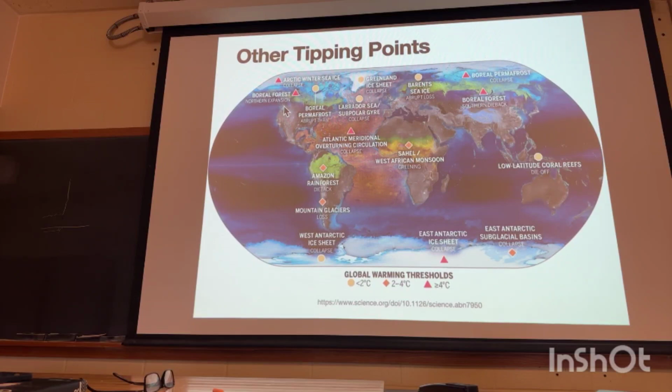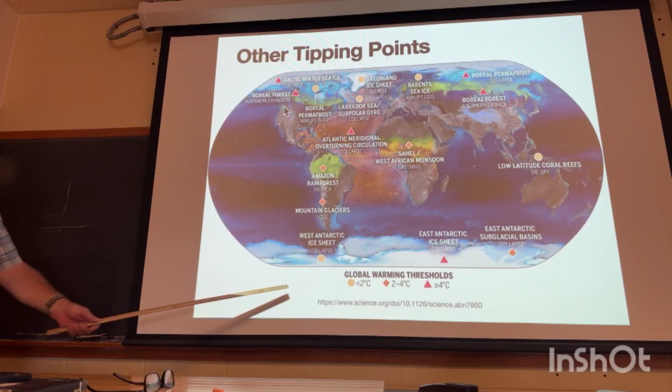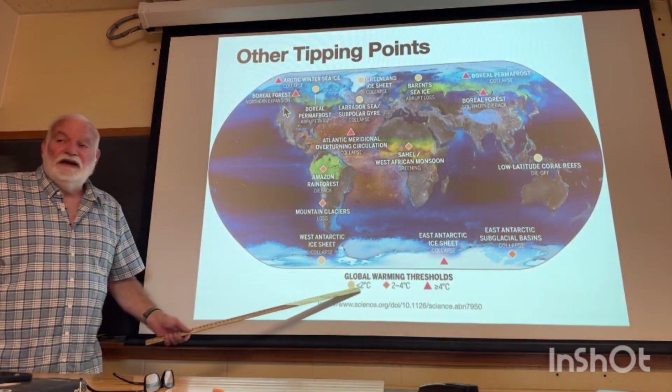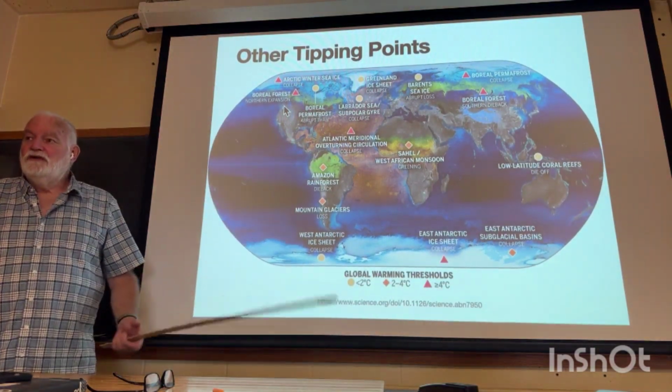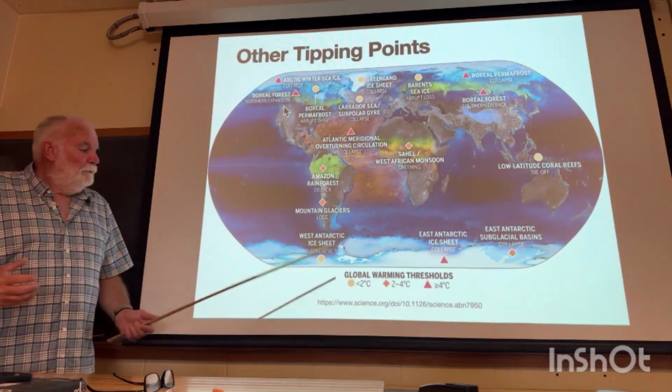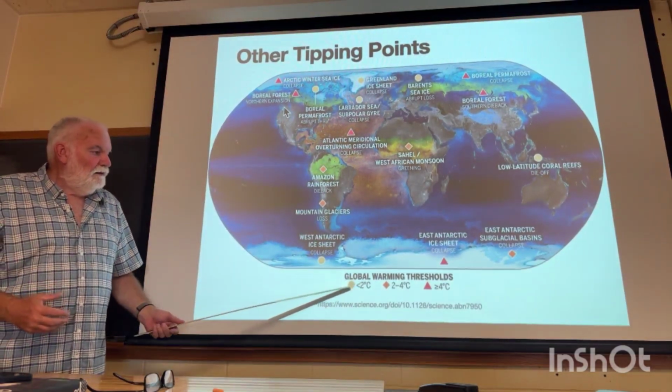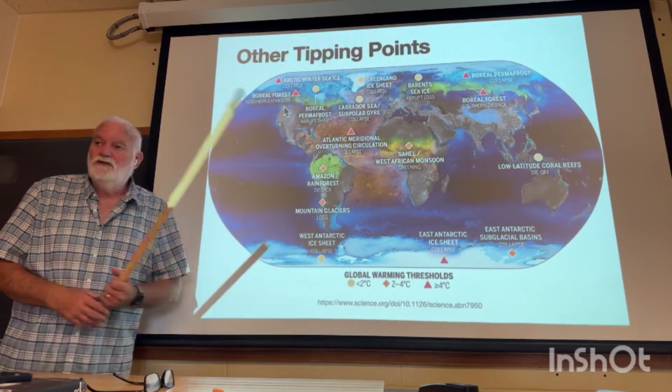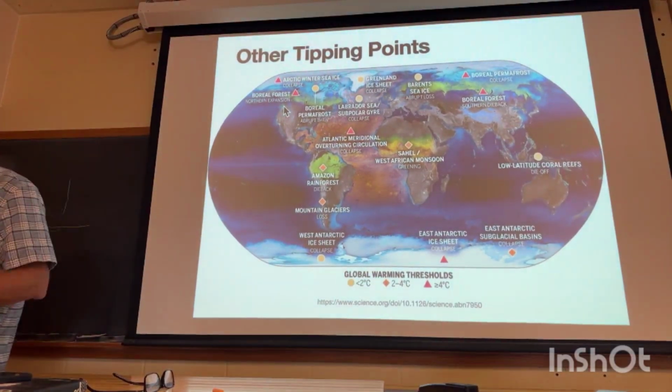Are you saying for what other tipping point there would be? Well, this is key to how extreme the temperature change might have to be. So these are all tipping point systems, but an example of one that's less than 2 degrees. I just want to be sure we can read the map.